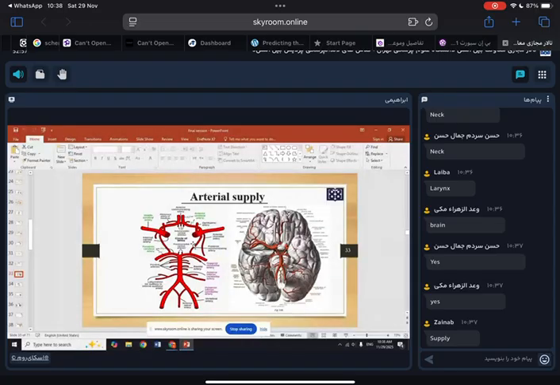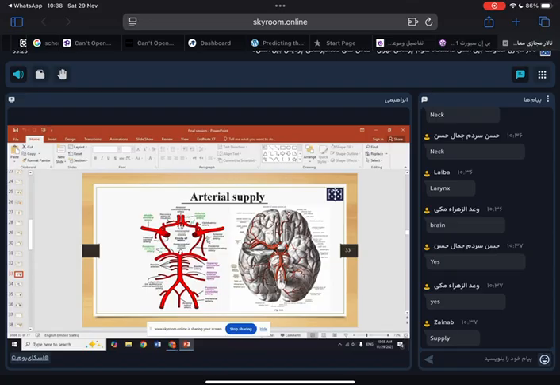And also they must have connection to each other because this part comes from the internal carotid and this part is from the basilar artery. So we have one communicating artery, the posterior communicating artery, which connects this part to this part. These are from two different origins, internal carotid and basilar artery, and they connect to each other.